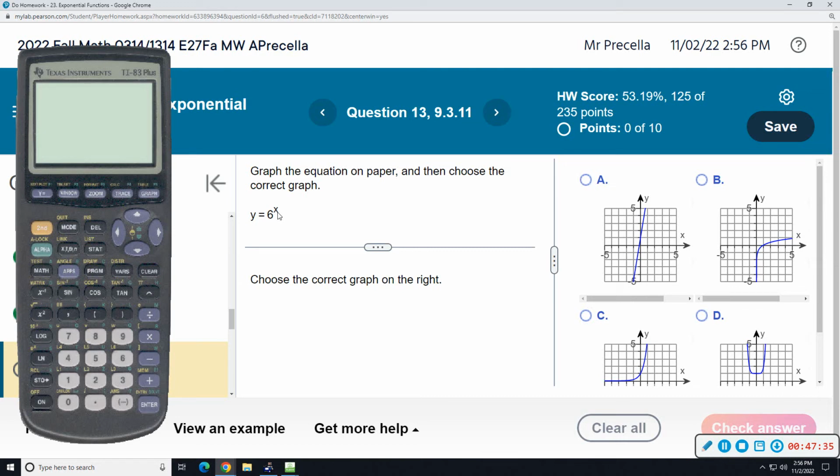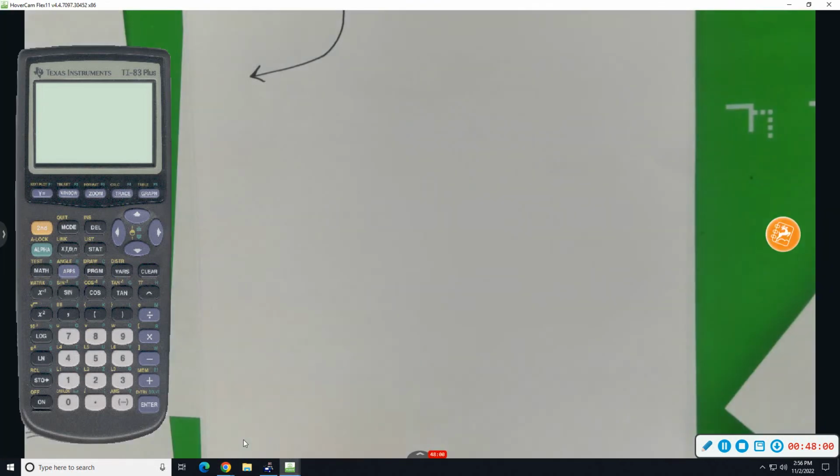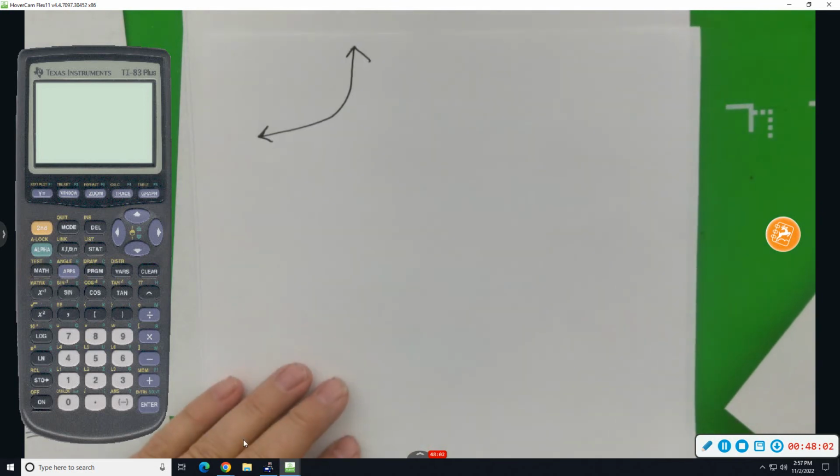If we remember the general shape, in general, we expect either the right side to be there. We're expecting two possibilities.